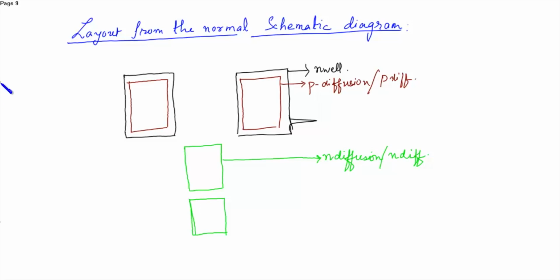Now let's name the terminals. This is the source, this is the drain, this is the gate. Similarly, source, gate and drain. This is drain, gate, source, drain, gate, source. So first connect the gates.